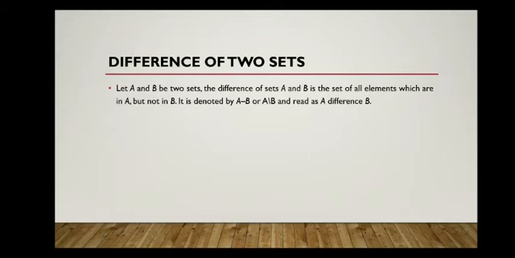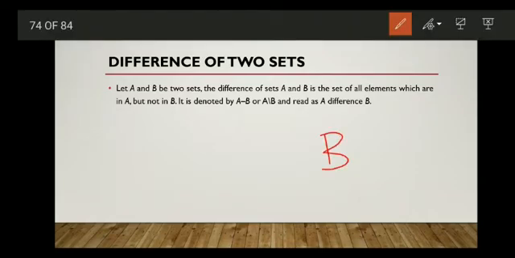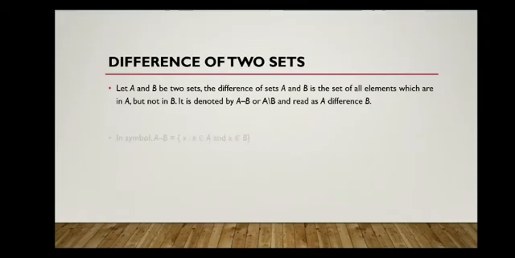The difference of sets A and B is the set of all elements which are in A but not in B. So A difference B means the element should be in A but not in B. Suppose we consider B difference A. Then the element should be in B but not in A. In symbols we can write A difference B is equal to the set of all x such that x belongs to A and x doesn't belong to B. How can we write B difference A?